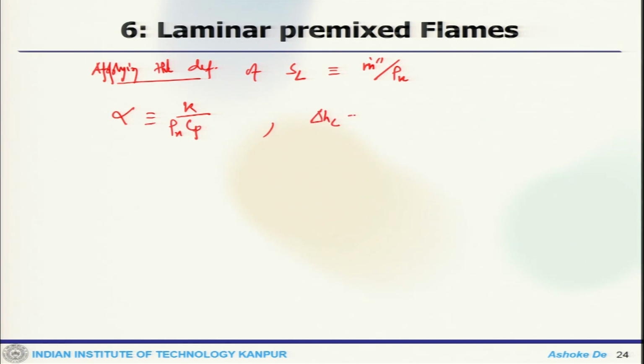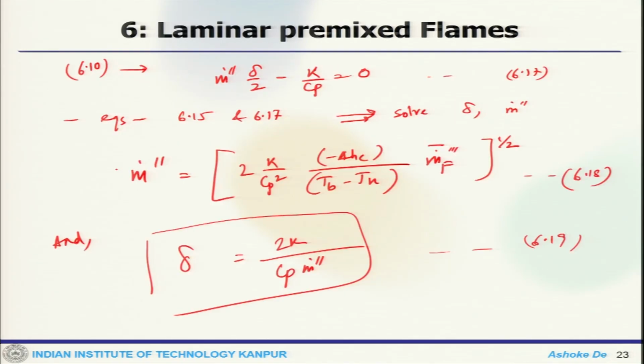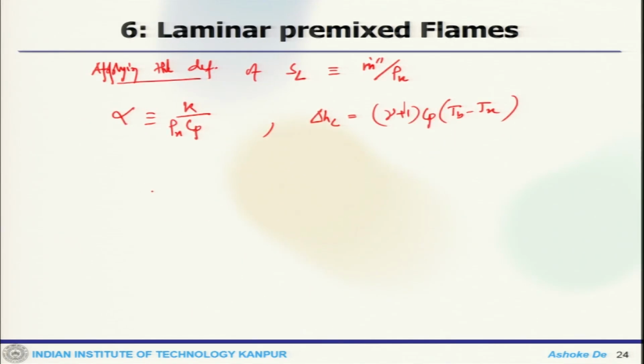So, applying the definition of SL, which is m dot by rho u, where alpha is kappa by rho u Cp, and heat of combustion is nu plus 1 Cp (Tb minus Tu). If you combine all these expressions and use the solution of delta and m dot, what do we get?